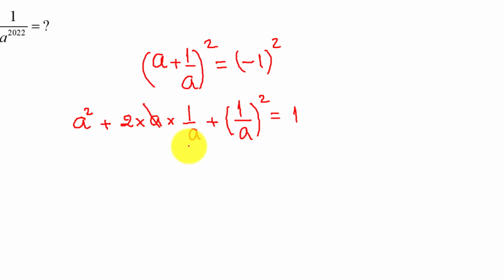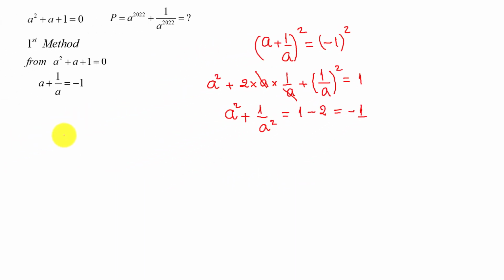If we simplify it, we get 2, and I change it to the right hand side, and I get a squared plus 1 over a squared equals 1 minus 2, which equals minus 1. So we have the second equation: a squared plus 1 over a squared equals minus 1.